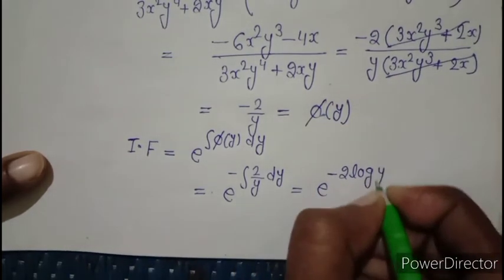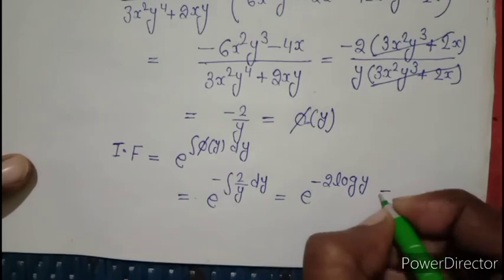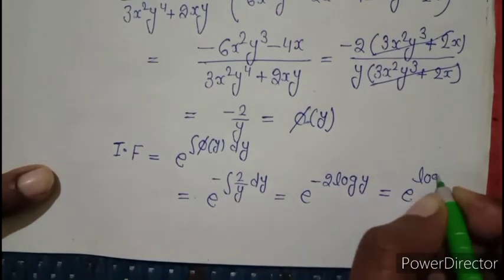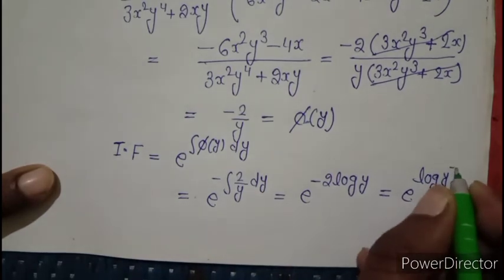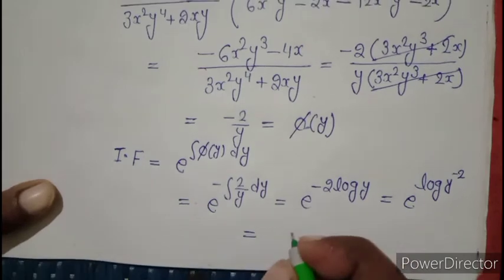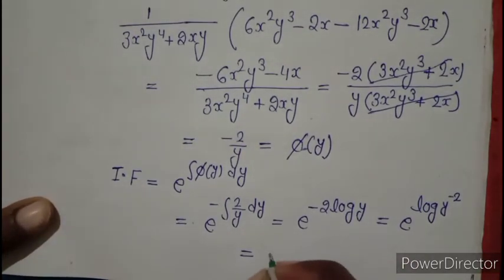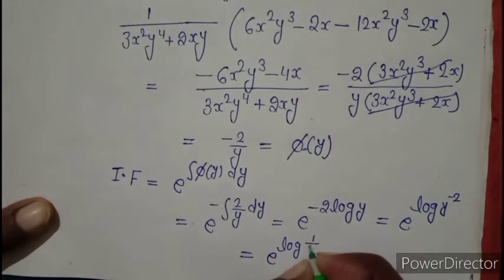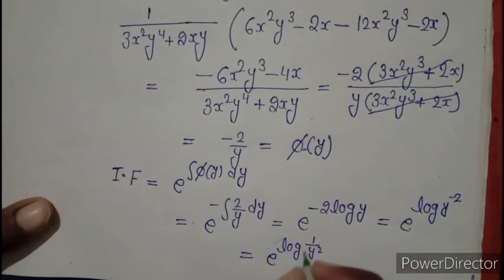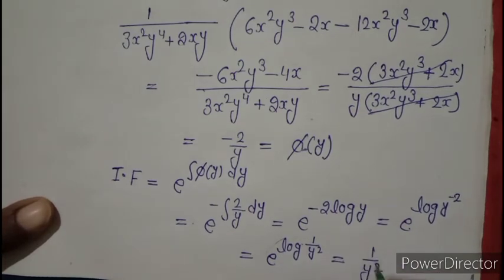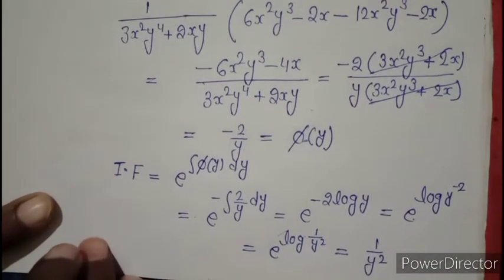If I use the property of log, it becomes e raised to the power log y to the power minus 2, which gives us e raised to the power log 1 by y². Now you can see the value of this term is 1 by y². So our integrating factor is simply 1 by y². We got the value of the integrating factor.